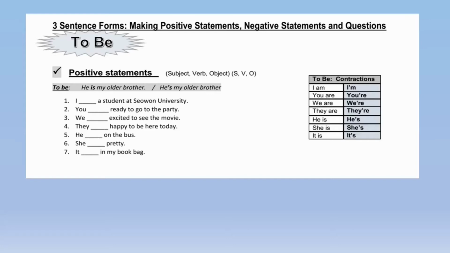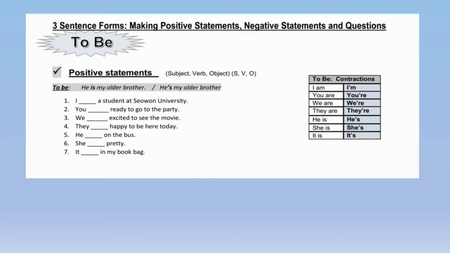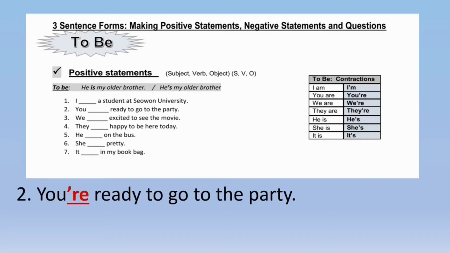Number 1. I, Momo, a student at So-On University. I'm a student at So-On University. Number 2. You, Momo, ready to go to the party. You're ready to go to the party.